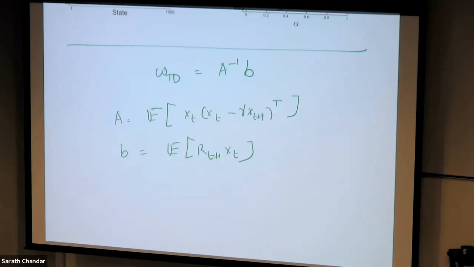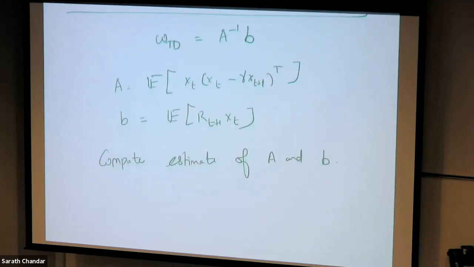A smarter way is to compute estimates of A and B and then directly compute this fixed point. Is it fine? There is an algorithm which does this. It's called least squares TD, or LSTD.